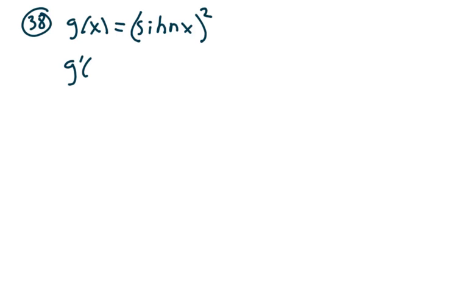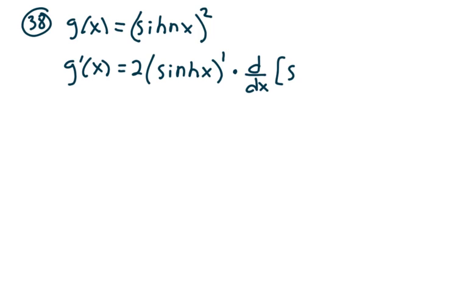When I take the derivative, I get 2 times sinh x to the first. You think power rule, but remember we have to multiply by the derivative of the inside function, which in this case is cosh x. So I'm peeling the onion. So this is 2 sinh x cosh x.